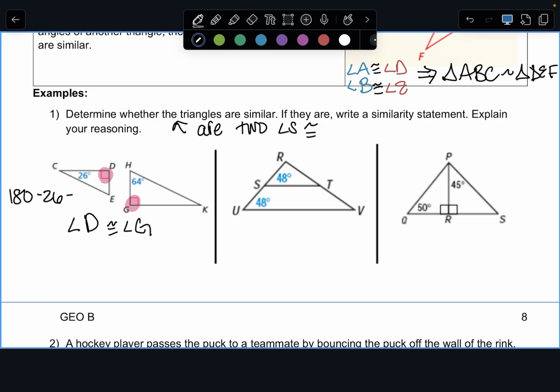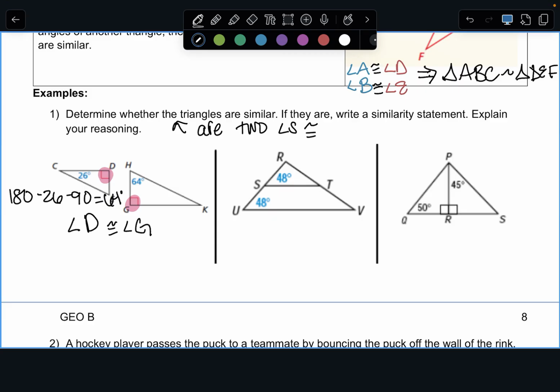And I can subtract off, what's the measure of this pink one? 90, so I can get rid of the 90. And what's left is going to give me angle E, the one that I don't know. 180 minus 26 minus 90, that gives you 64 degrees.